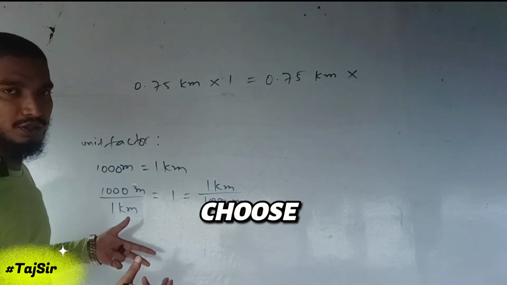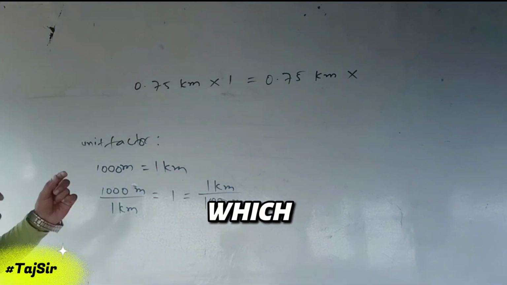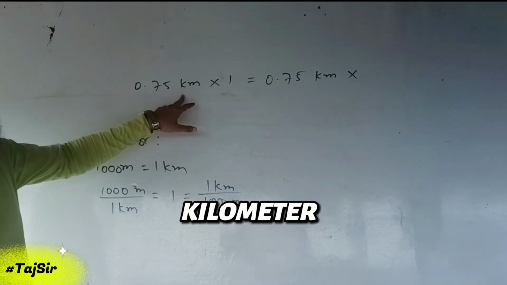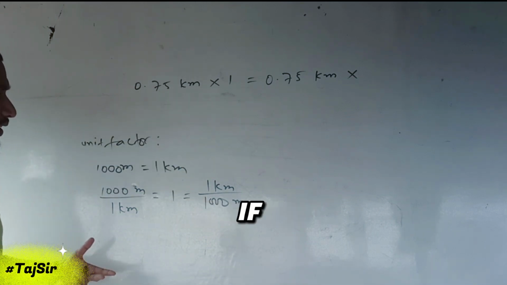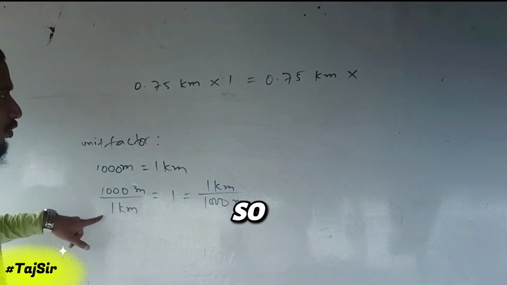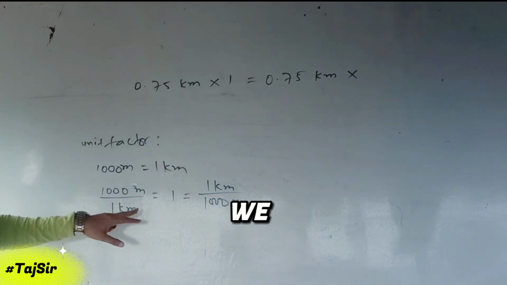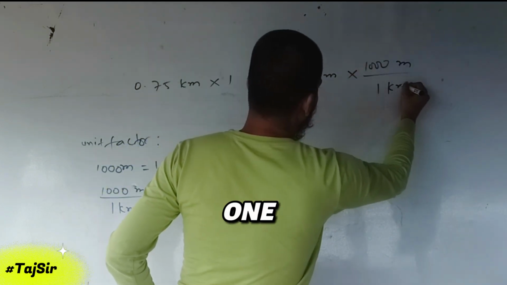Which should we choose? We should choose the one that cancels this kilometer, and that will be 1000 meter by 1 kilometer.